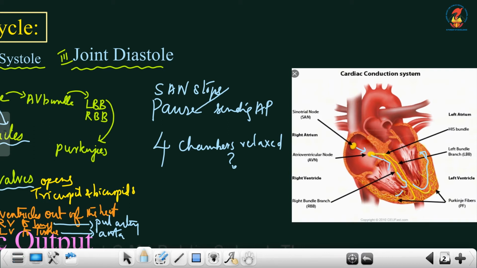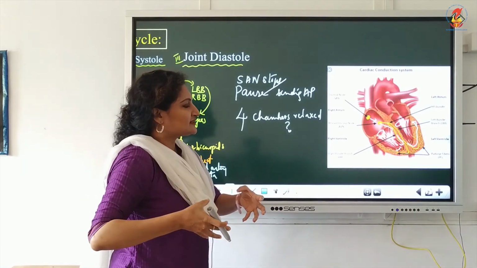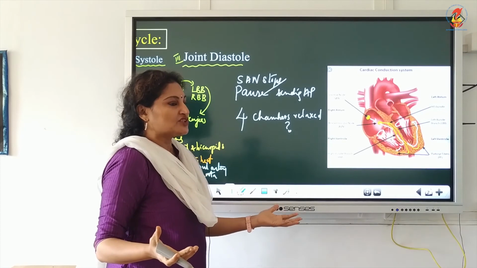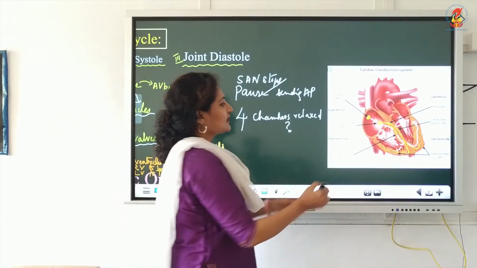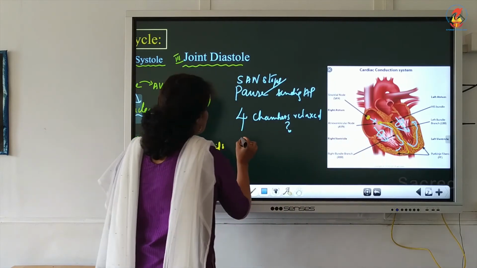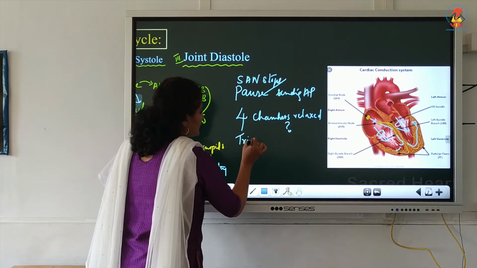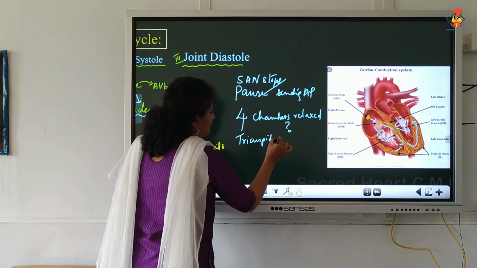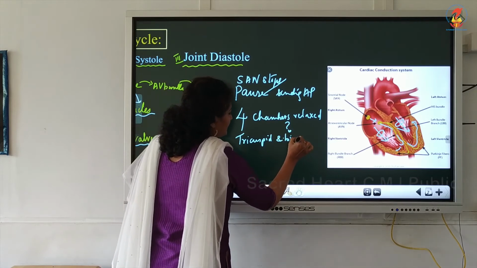When all the chambers are relaxed, use your common sense: the tricuspid and bicuspid valves are also open. They opened only because of contraction earlier, but now when the chambers are relaxed, these two valves are open. So remember, the status of the valves: the tricuspid and bicuspid valves are open.